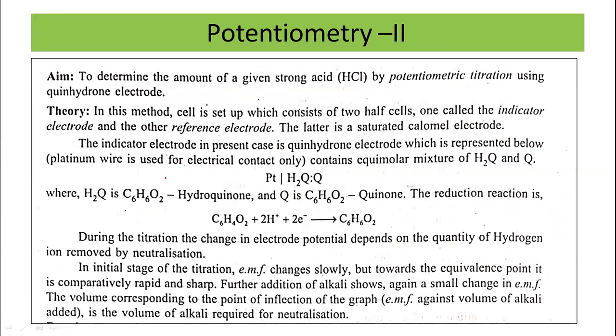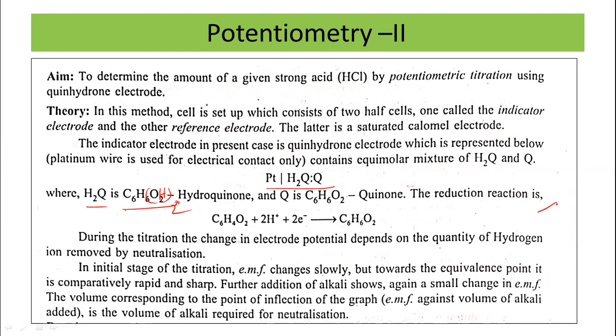In this case, this is the indicator electrode, and this quinhydrone electrode can be represented in this way, where H2Q is hydroquinone, C6H6O2, that is C6H4(OH)2. Its structure can be represented in this way.